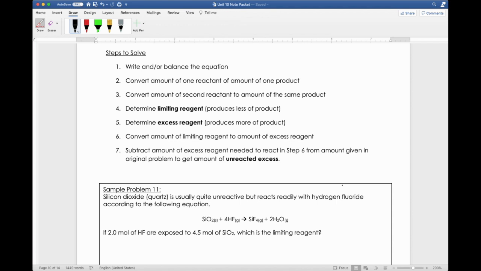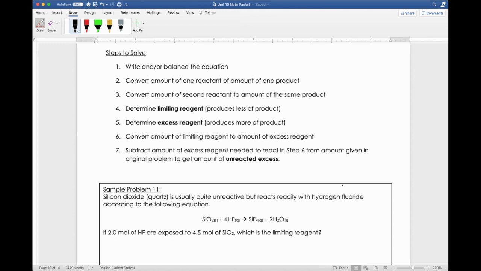Again, just like I said in the last video, when you're doing these stoichiometry problems, think about what it's asking you for. You don't have to do every single one of these steps in every single problem. And you're going to see for this first one, we actually don't have to do that. So let's just dive in and do one here.